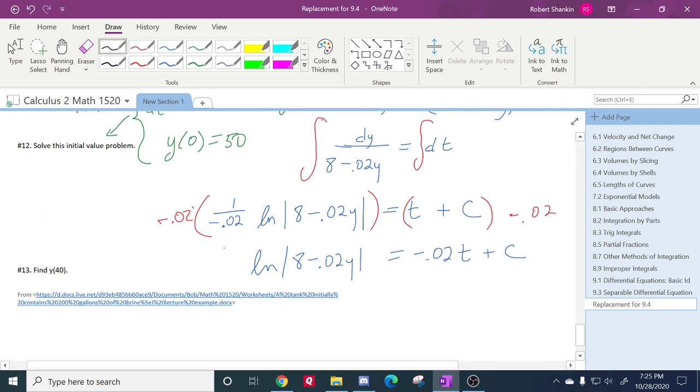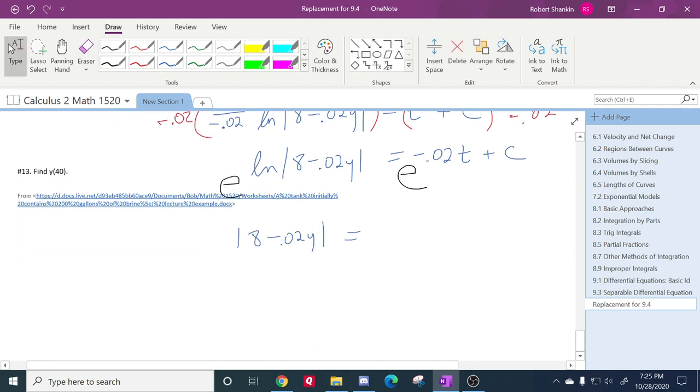Then I'll take a giant e, and then these cancel out, and I get e to this times e to the c.